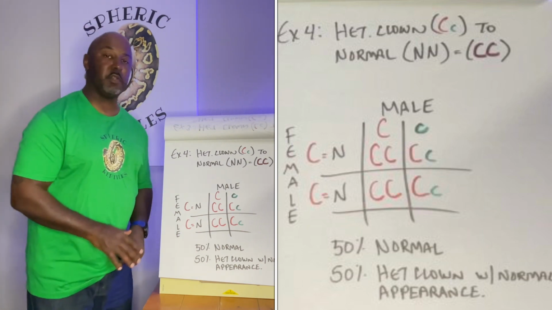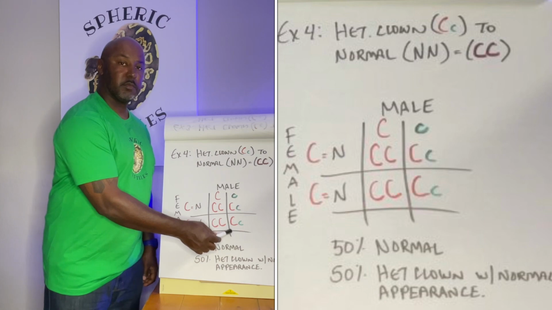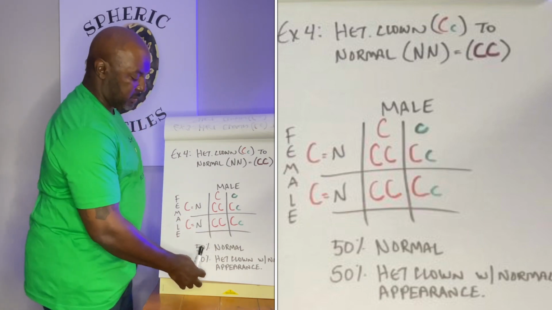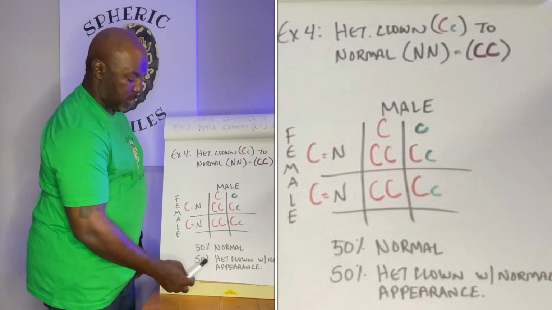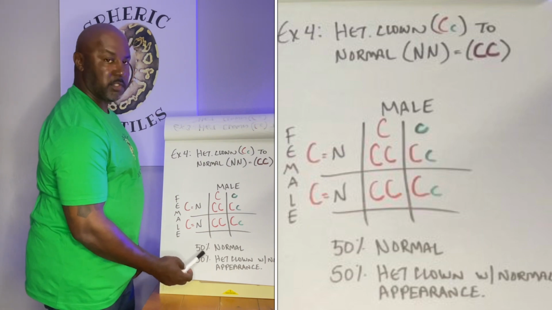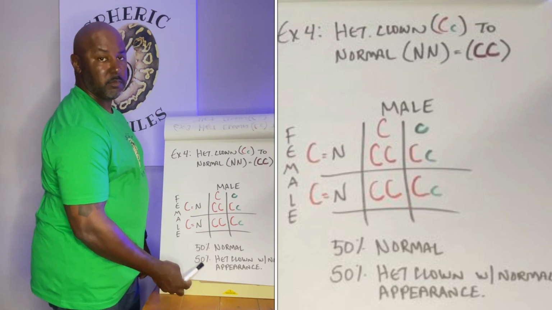Visually or phenotypically, there's no way for you to tell the difference between these two. There's no way without genetic skin testing. So that means that half of the snakes will be normal, and the other half will have het clown. But without genetic skin testing, this is the lowest chance of you hitting what you want.